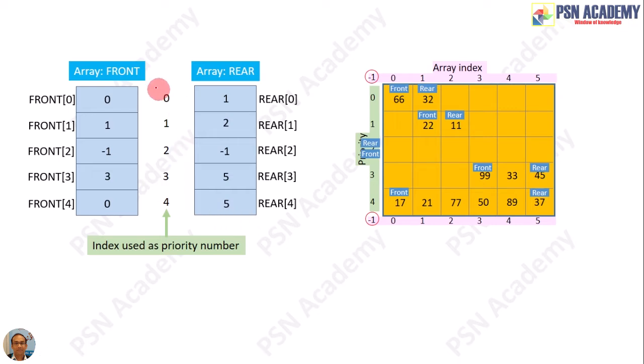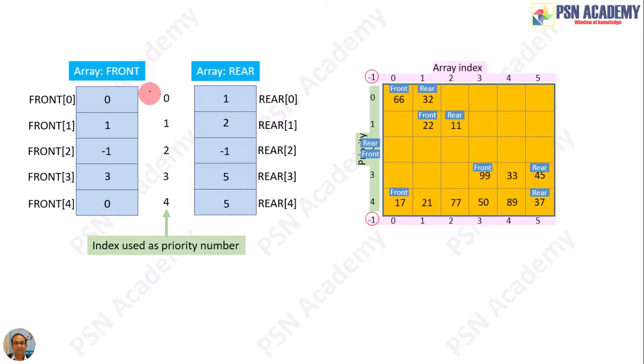So you can see from this front array and rear array that for a particular priority, where the first element is located and where the last element is located. Now I will remind you of one thing. For insertion in a priority queue, we will follow the algorithm as we have learned before, that we have to take care of the new position of the rear, because rear will act as a guide to the proper location for the new item.